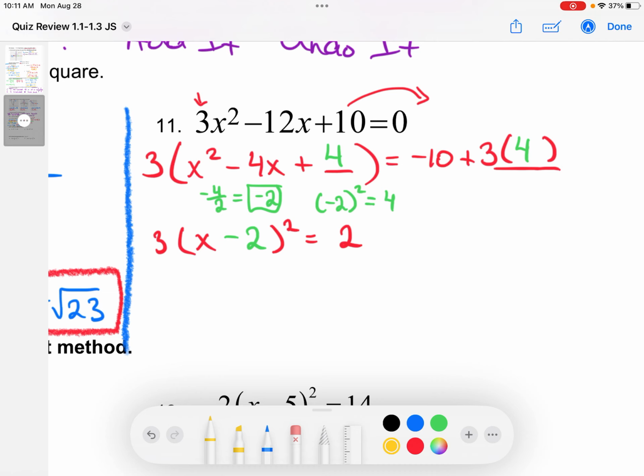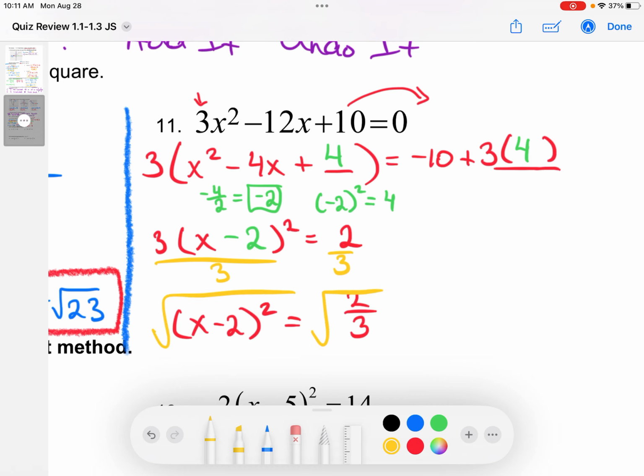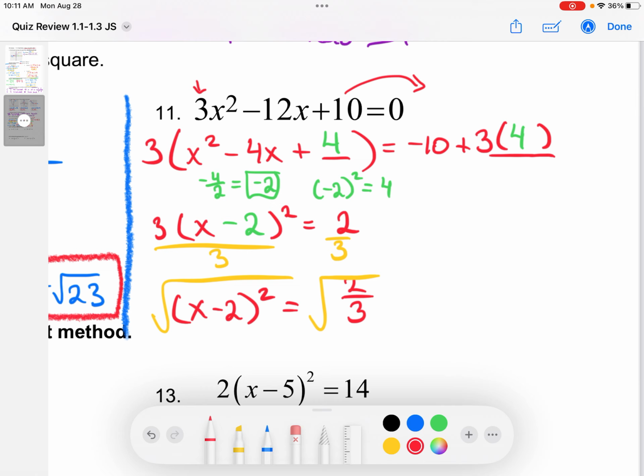Now, to solve this for x, we need to divide both sides by 3. So then x minus 2 squared will equal the fraction 2 over 3. Leave that as a fraction. Then we need to square root both sides. Take the square root of both sides.